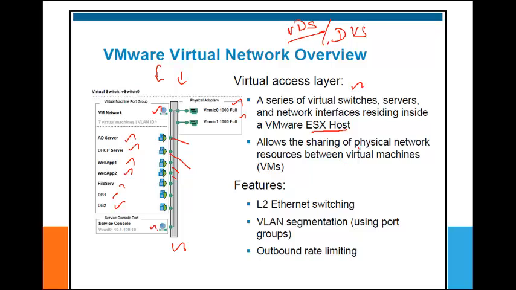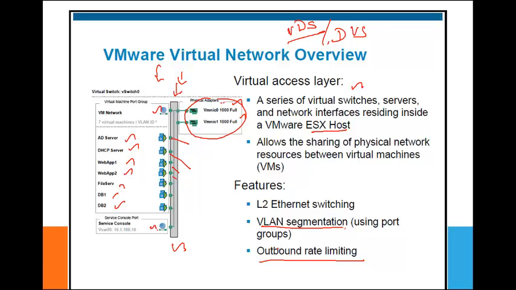It allows the sharing of the physical interface resource between the virtual machines. Now, what are the features of this virtual access layer? It's layer 2 Ethernet switching, done virtually, and it even supports VLAN segmentation, and only outbound rate limiting. Rate limiting can be done only for outbound traffic, not for the incoming.